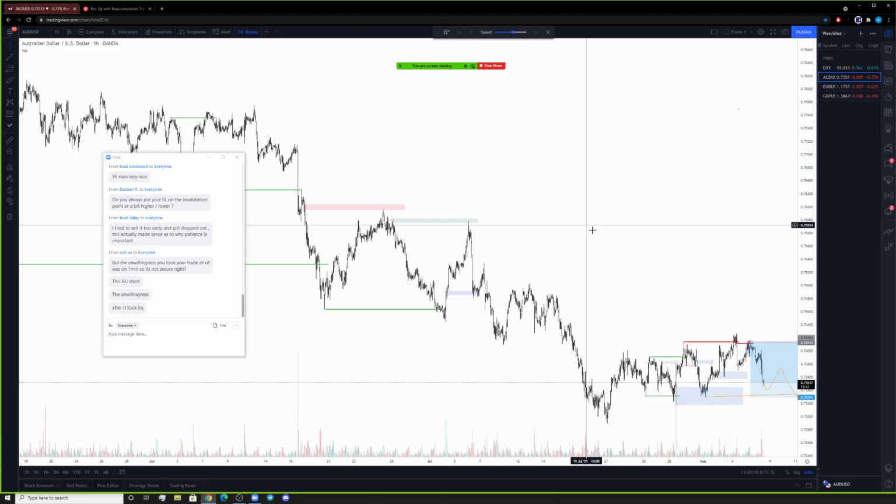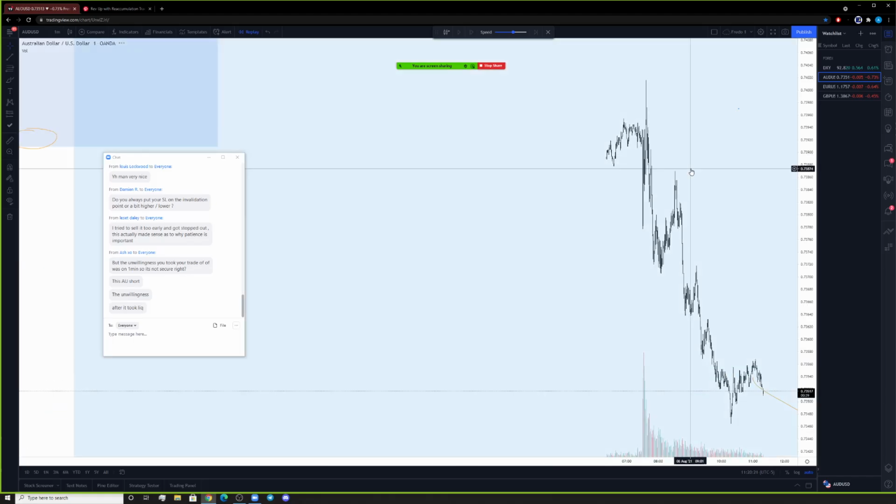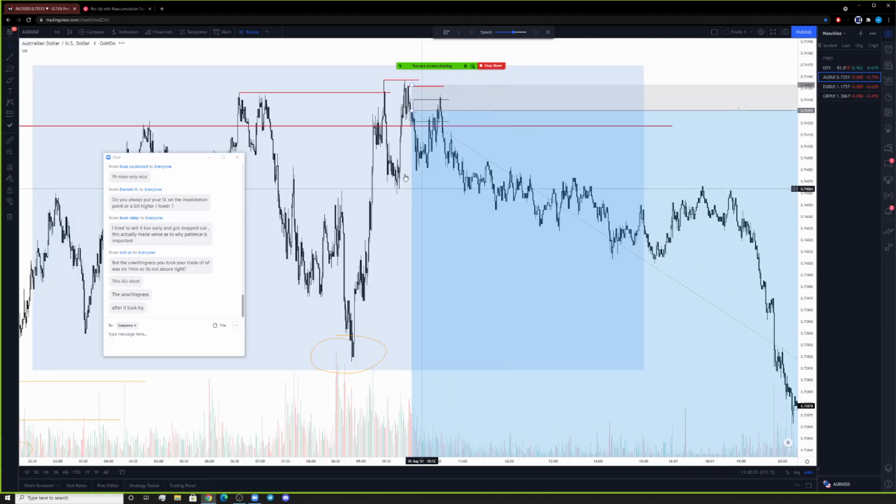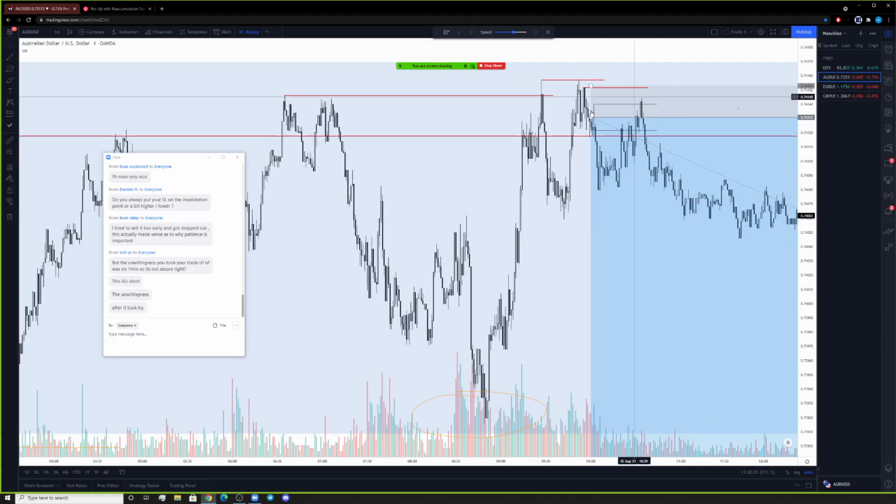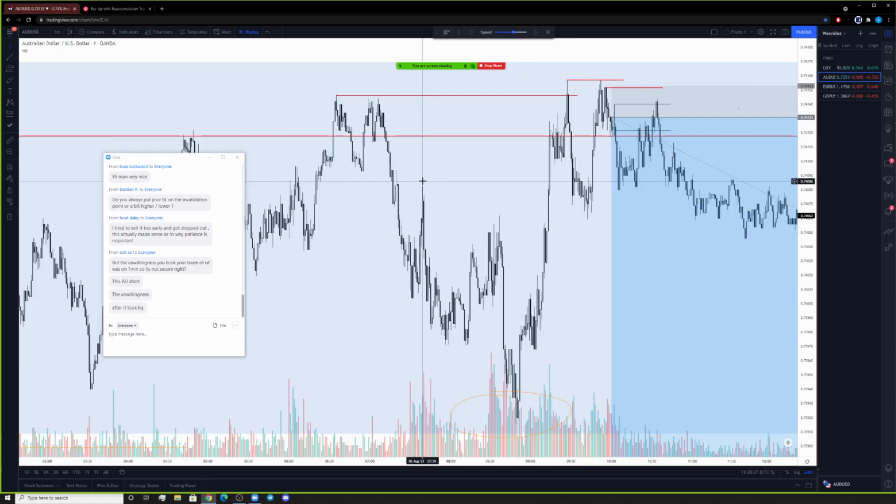So out of this entire thing, don't be focused on these minor details here. At the end of the day, you want to get in the trade.